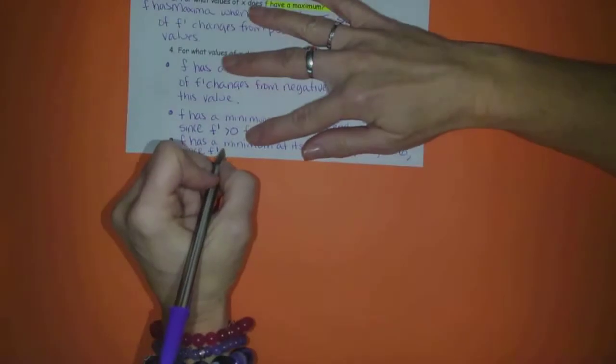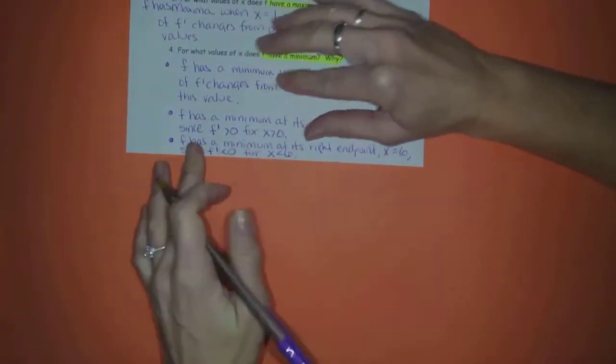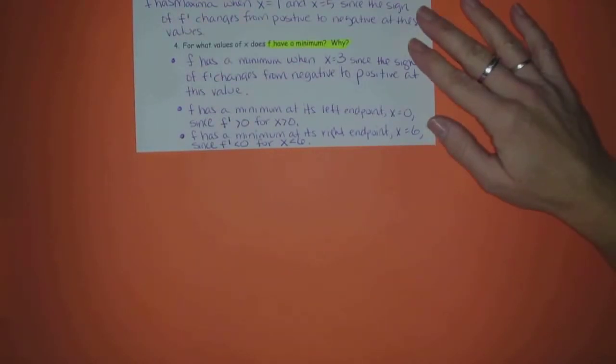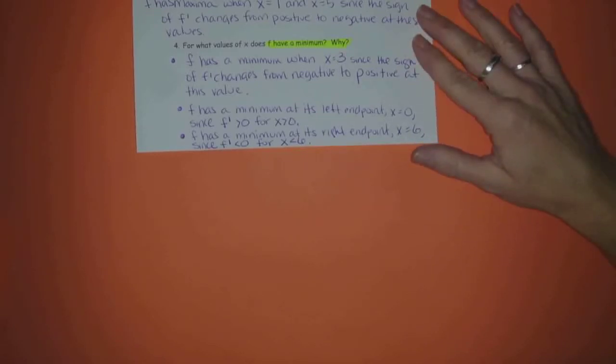So f prime is negative, less than 0, for x less than 6. And that's why we know that one's a minimum. Okay, again, pause if you need time to write, and I'm going too fast.